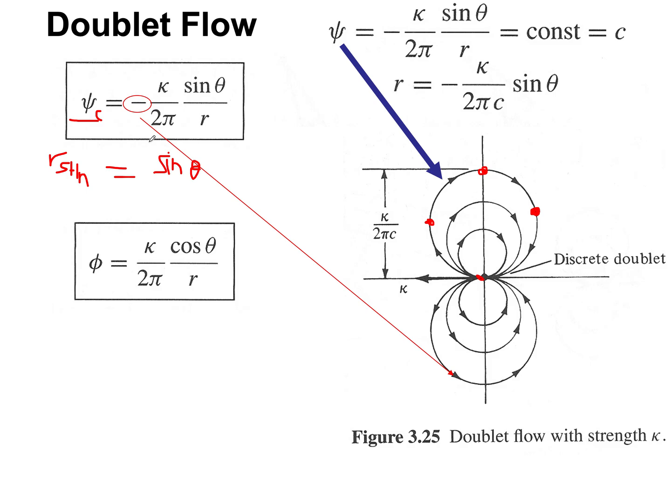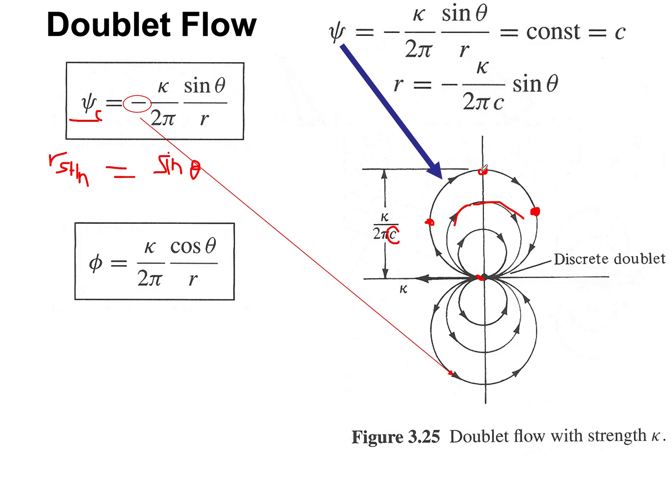And that's what the streamlines look like. If you change that constant we just talked about, that c right over here, you're going to get a different streamline, and so on. Then you can compute the velocity, and the velocity will give you Vr and V theta.